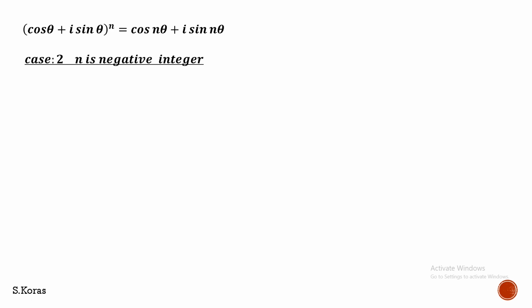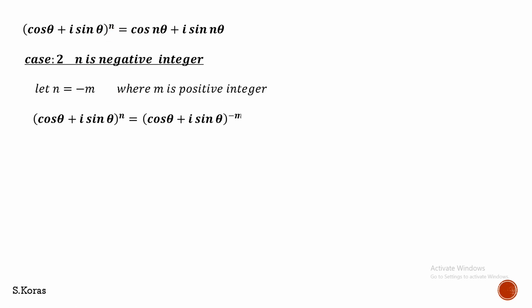Now let us consider this n as minus m. So for this n, we are going to replace it by a negative integer. So now n becomes a negative value, right? So (cos theta plus i sin theta) to the power n, we are going to treat n as minus m.